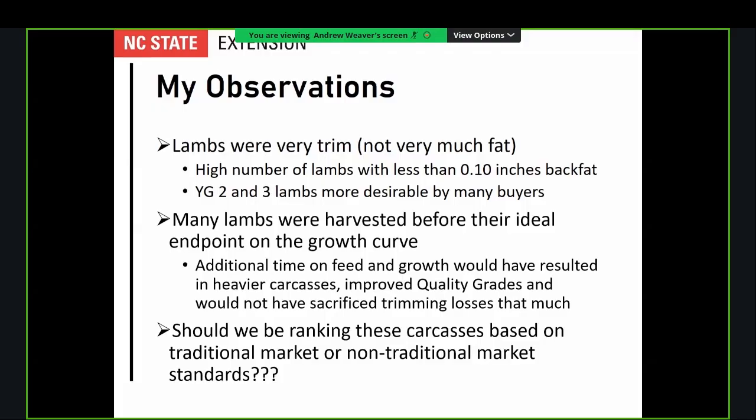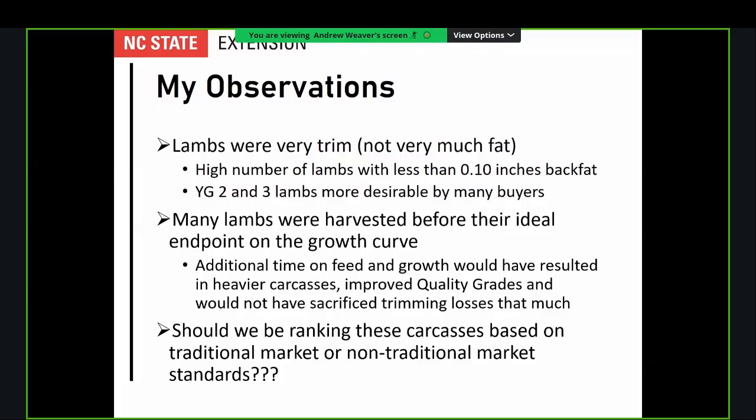We talked about how, on a live basis, lambs are graded based on visual appraisal of animal shapeliness. So while in an auction barn we're not measuring ribeye area, in a non-traditional market we're not measuring actual ribeye area, and even in a traditional market we're not measuring actual ribeye area.